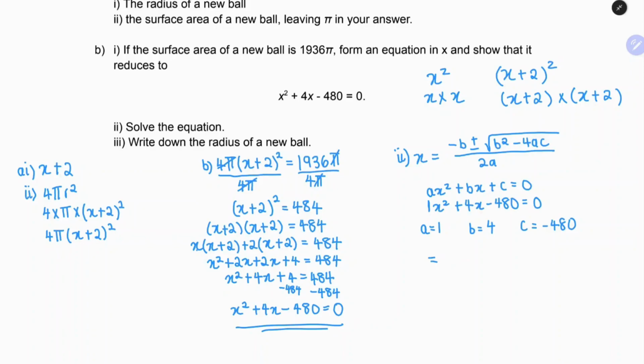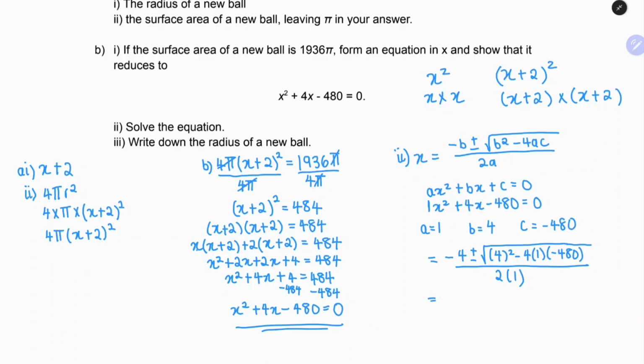So what we're going to be substituting is minus b, which is minus 4, plus or minus the square root of 4 squared minus 4 times a, which is 1, times c, which is minus 480. Please do not forget that minus, divided by 2 times 1.